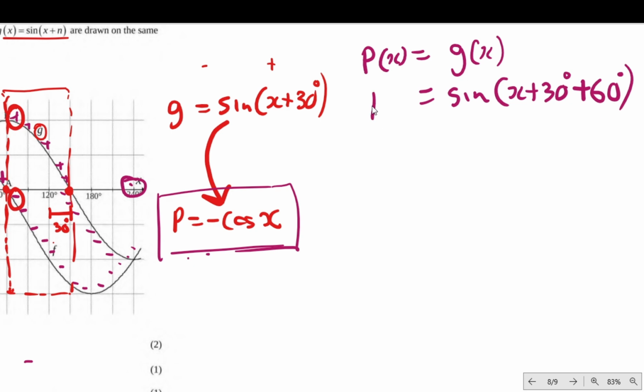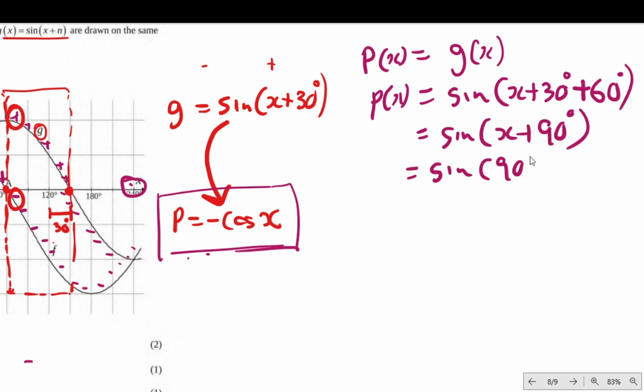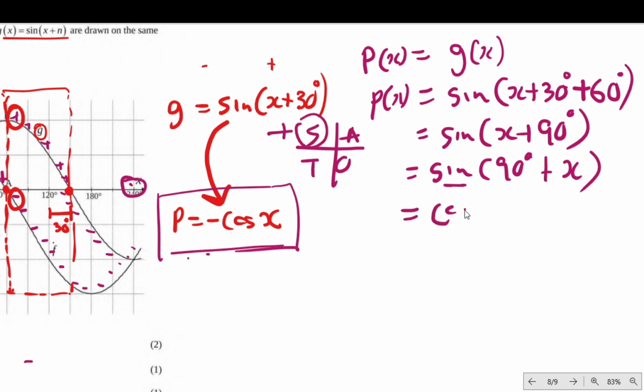So if we add 60 degrees here, we're going to get sine of x plus 90 degrees, which is going to be sine of 90 degrees plus x. So if we reduce this, remember that sine in the second quadrant, if we do this CAST diagram, is positive. So we're going to write cos of x, right?